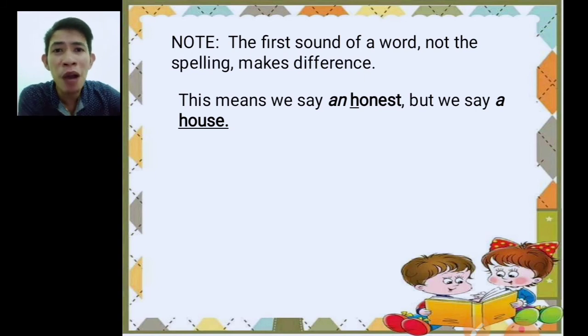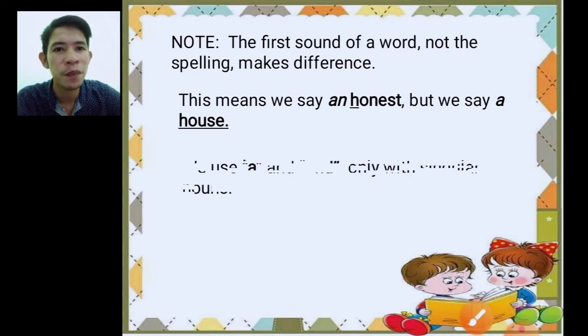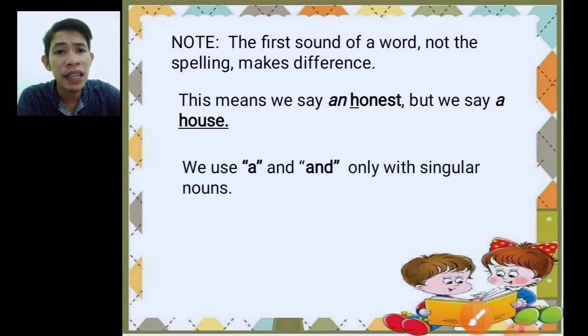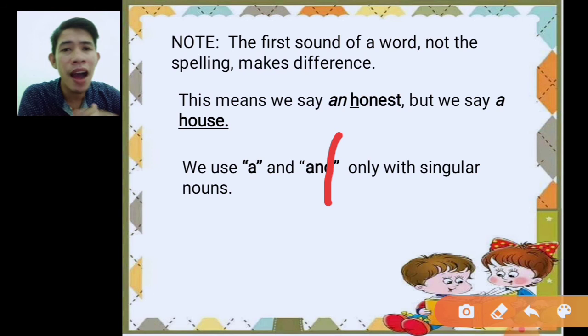How about a house? We use a house. It is because the first sound of the word house is h, so we use a because that is a consonant sound. We use a and an only with singular nouns.